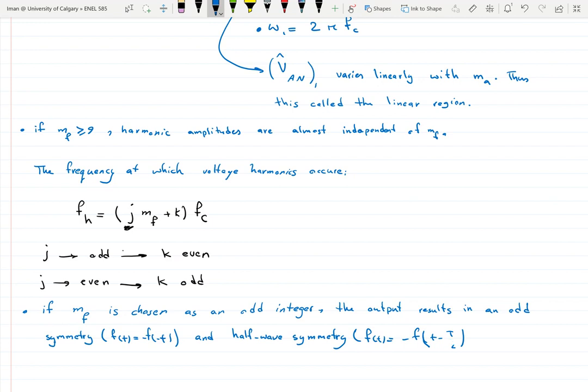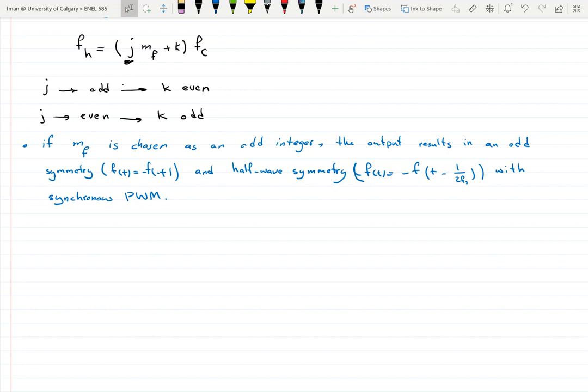Let's just write it as fs because we've defined fs before. Okay, with synchronous PWM. Synchronous because we have an integer.